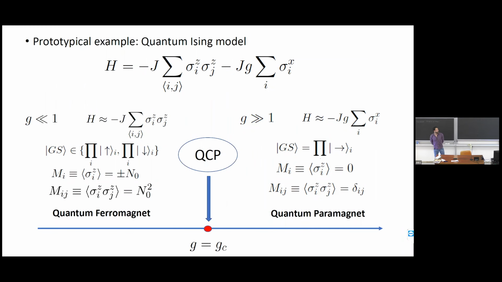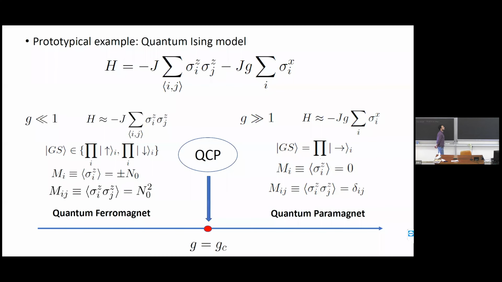As is known, this is a symmetry breaking phase with a spontaneously broken Z2 symmetry. So we have a twofold degenerate ground state, and we also have long range magnetic order. This is what is called the quantum ferromagnet.